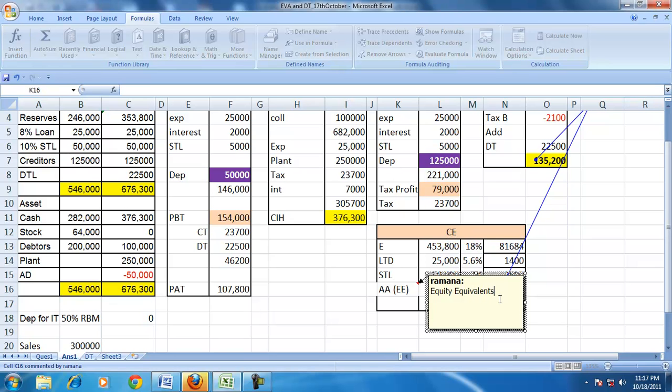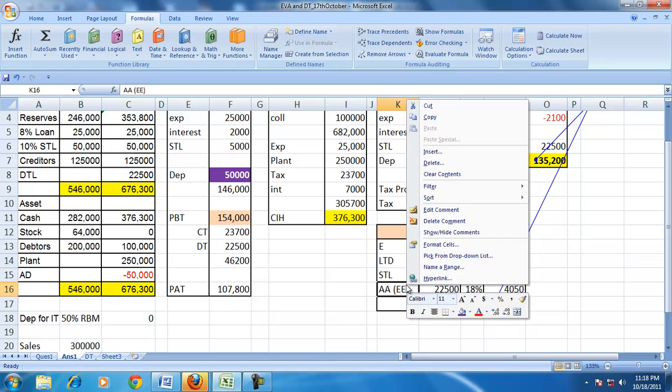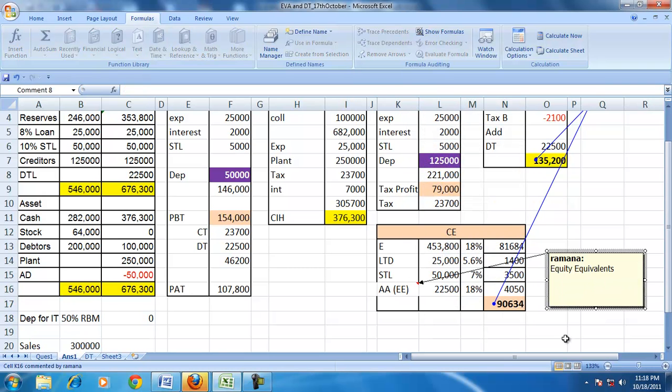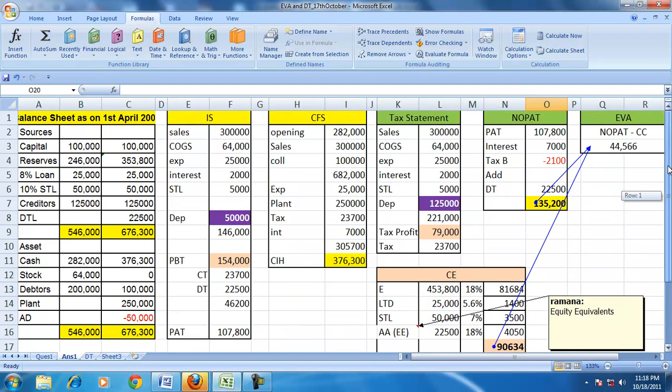Equity equivalent is the accounting adjustments required to convert the accounting profit into economic profit, the accounting capital employed into economic capital employed. Thank you very much.